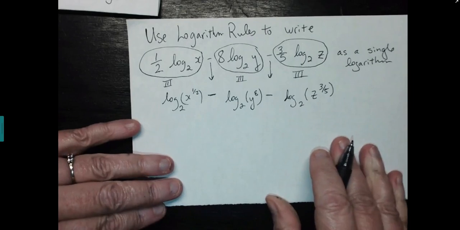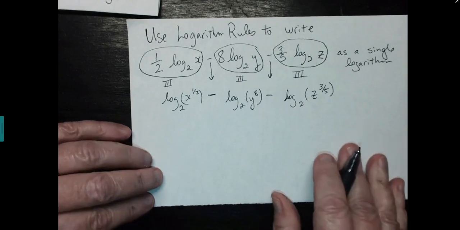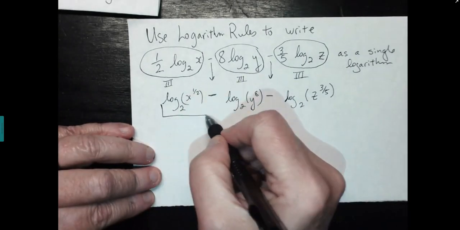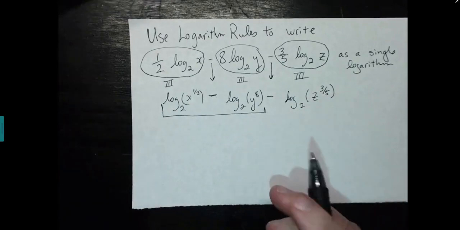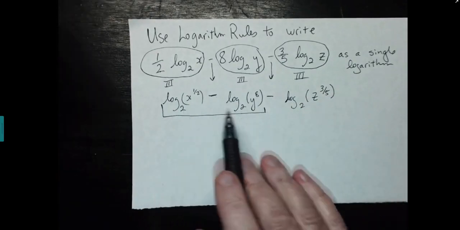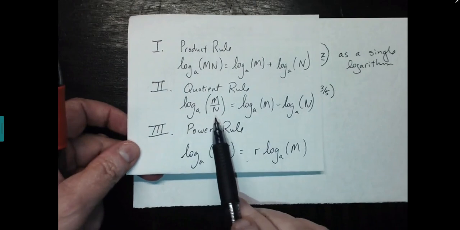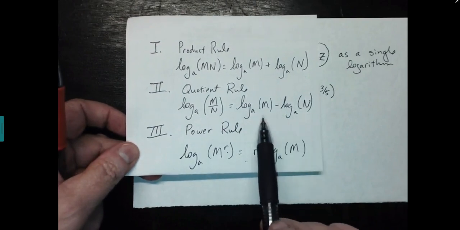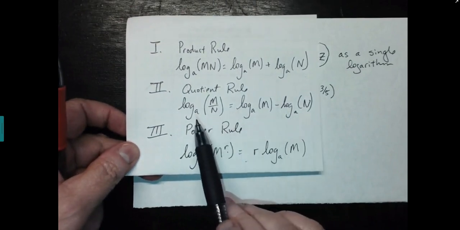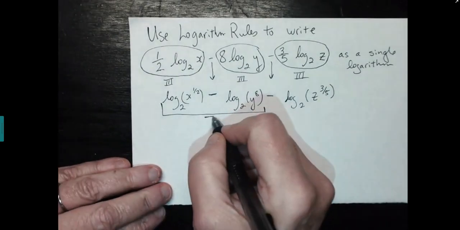Okay. Next I'm going to look at these two. I have a difference of logarithms and they have the same base. So I'm going to use rule number 2, reading from right to left, to combine that into a single logarithm.